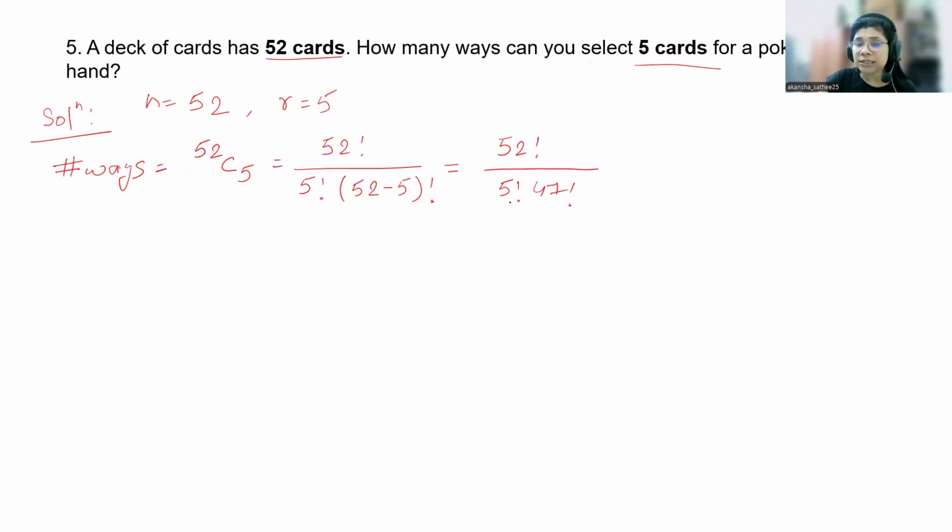So now you can easily see that 47 is bigger than 5, and if you go into expanding it, it will take a lot of time. So it is better you split your numerator into a product of certain numbers into this. So you can write this 52 factorial as 52 into 51 into 50 into 49 into 48 into 47 factorial.